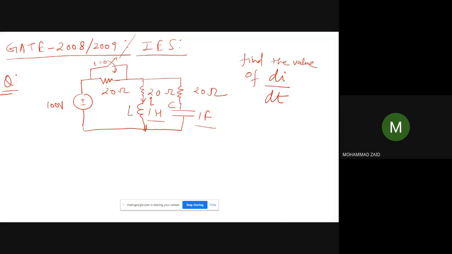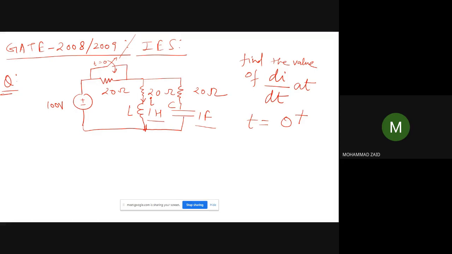Find the value of di by dt at t equal to 0 plus. That means you have to find the change in current through this branch when the switch is just turned on, or closed, at t is equal to 0 plus. Can you tell the answer after solving this question?